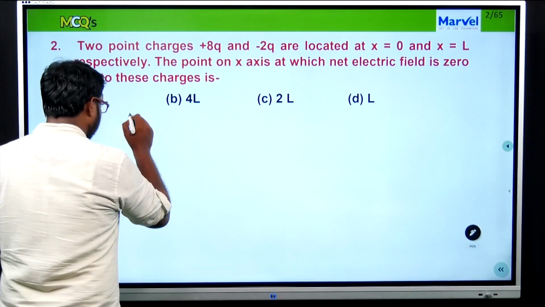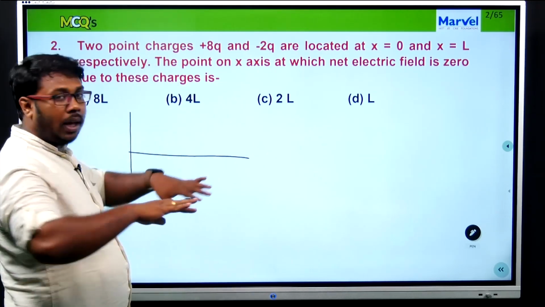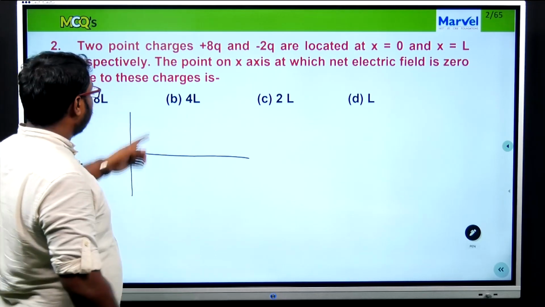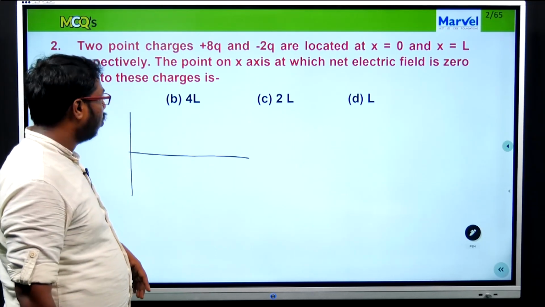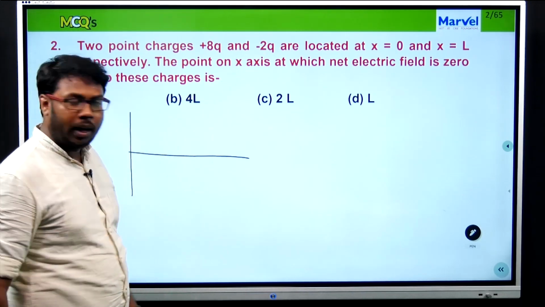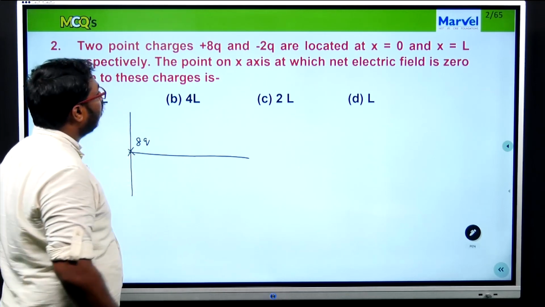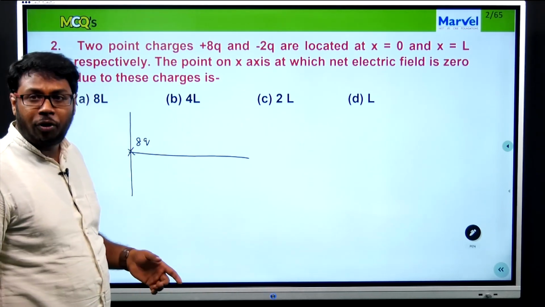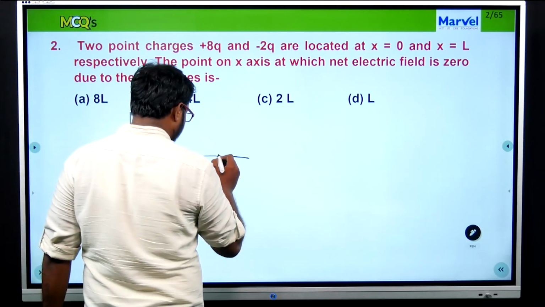So let's assume that the charges are being placed on the x-axis. So first a charge of 8q is placed exactly at x equal to 0, 8q. Another charge of negative 2q is placed at a distance of L.